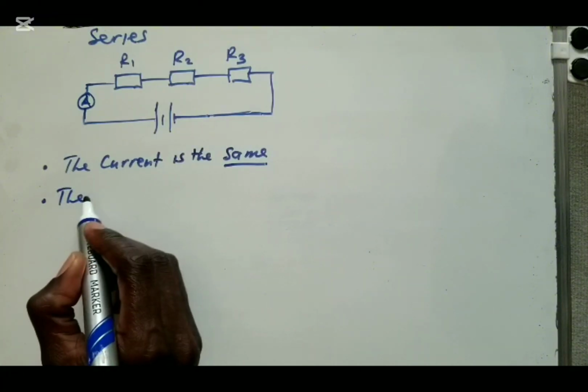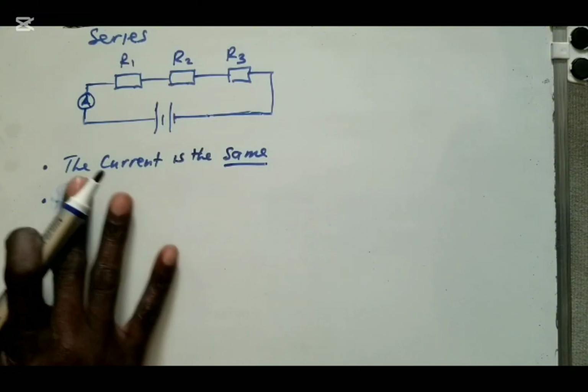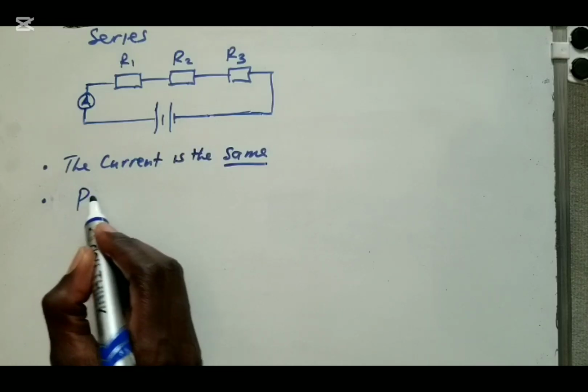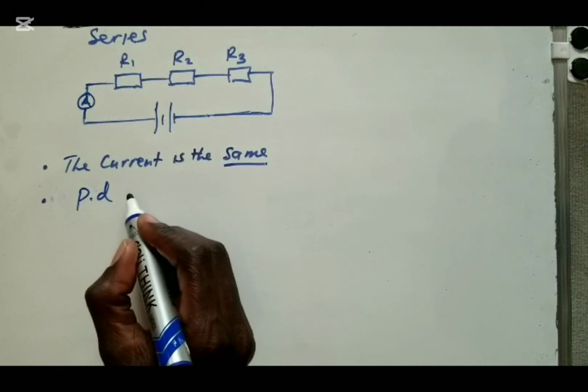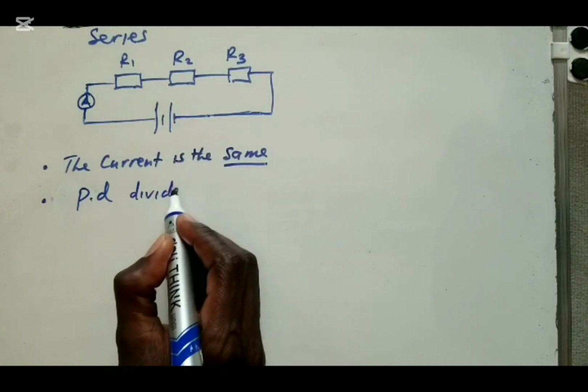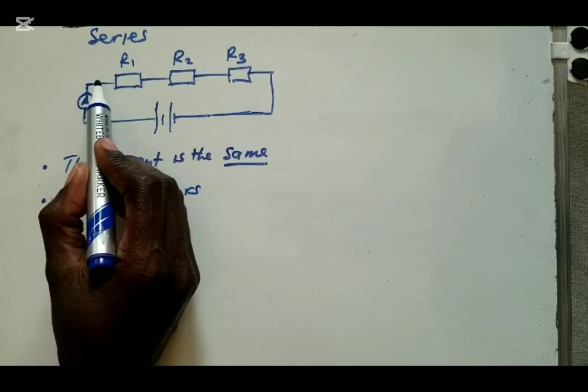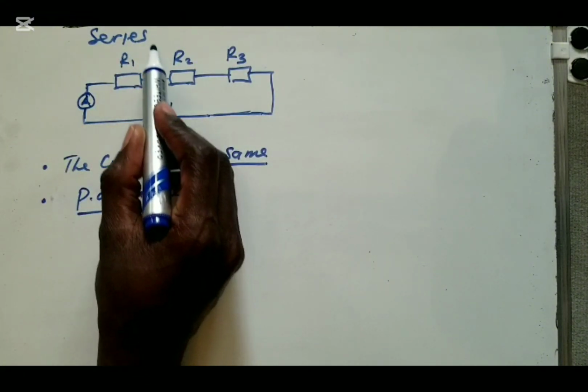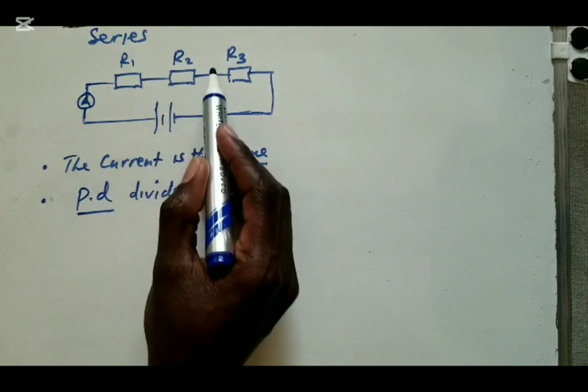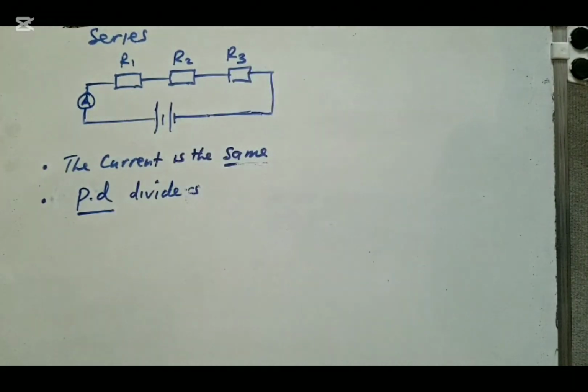Then we can simply say that resistors in series are potential difference, PD, dividers. They divide the potential difference between them. So the potential difference across R1, R2 and R3 may vary depending on the values of the resistors.